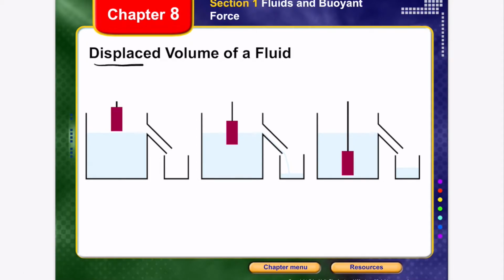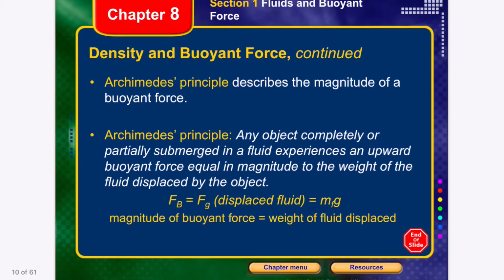Next, let's talk about displaced volume of a fluid. When an object is inserted into the liquid, it increases the volume, which means that the liquid drips out. For example, say we have a system where we have filled the liquid up to a certain point, and if it exceeds that, it drops into a container. When you put the solid into the liquid, you notice that water drains out, and the idea here is to understand the Archimedes principle.